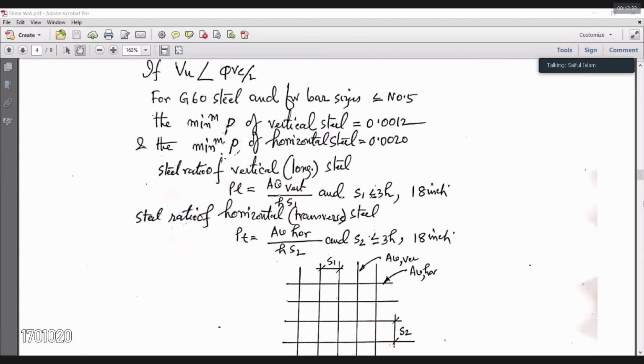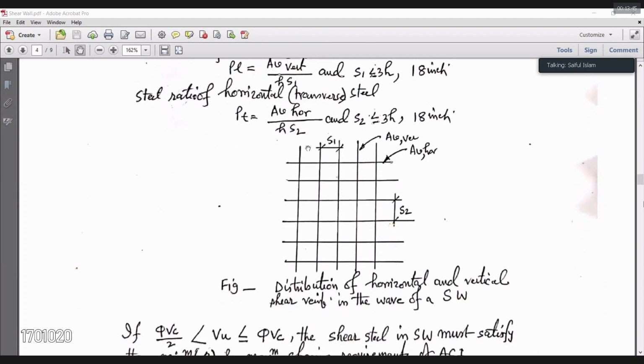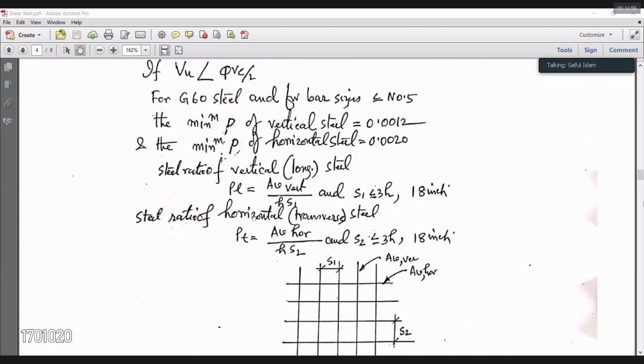Steel ratio for vertical or longitudinal steel, ρl equal to Av vertical divided by h S1, and where is the spacing of the steel? আমরা নিচে দেখবো, এখানে দেখো। So these are the vertical steels, Av vertical, and the spacing is S1. Similarly, this is Av horizontal and spacing is S2.